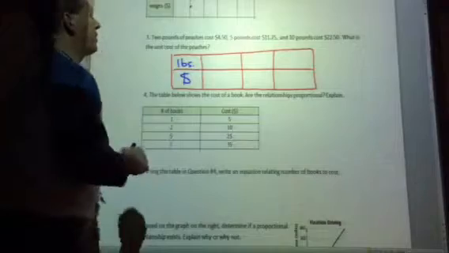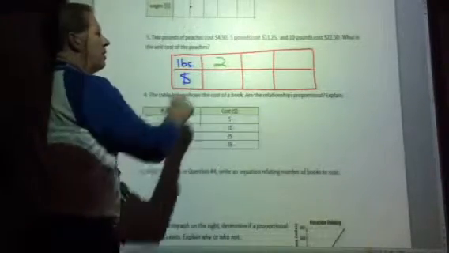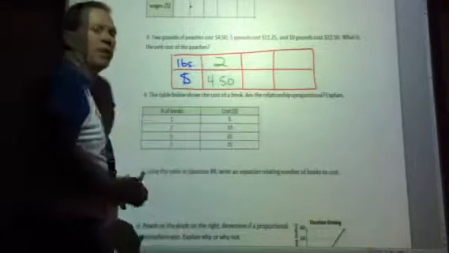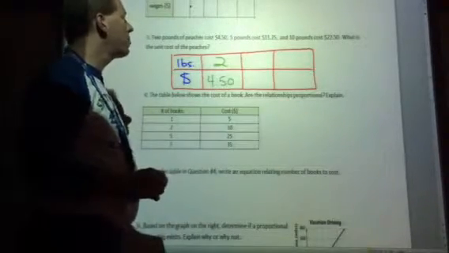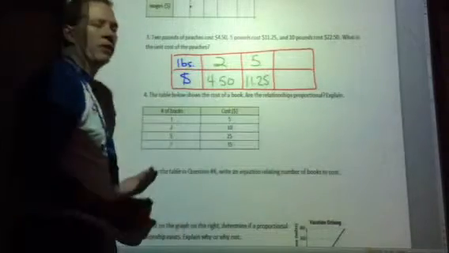Now we can just fill in the numbers. So at first it says that 2 pounds of peaches cost $4.50. So across the top for my pounds, I can write in 2 pounds. Across the bottom, I'm going to put $4.50. I also have 5 pounds that cost $11.25. So the number of pounds is 5. And the cost for that is $11.25, or 11.25.